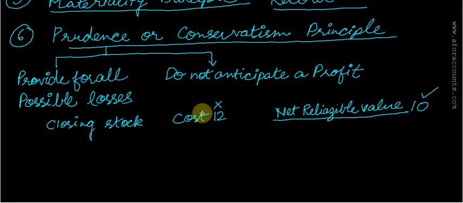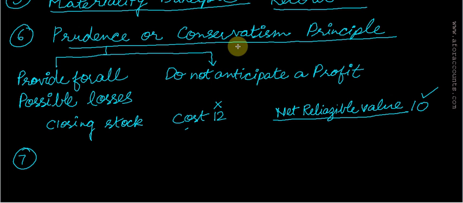If I am recording it at 12, I am showing an untrue position of my profit and loss account. So a prudent man will provide for all the possible losses, but he will not anticipate a profit. This rule is followed because of the prudence or conservatism principle, that cost or net realizable value, whichever is lower.